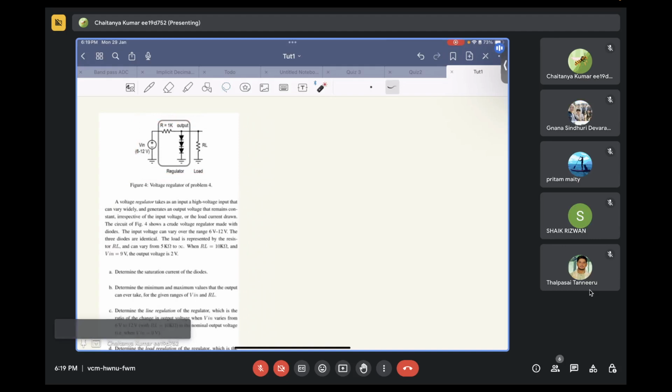This is a crude voltage regulator, with a series of three op amps that are connected in forward bias fashion. Can anyone tell why I'm saying these are forward biased, looking at this diagram? Anyone?